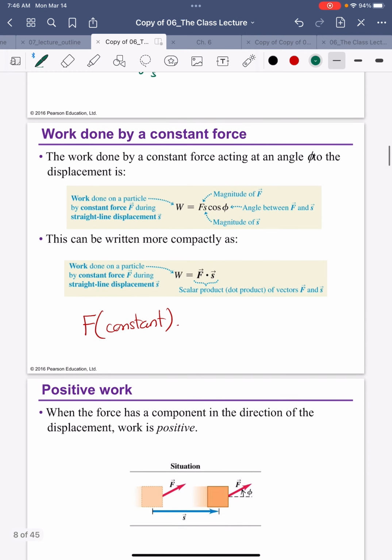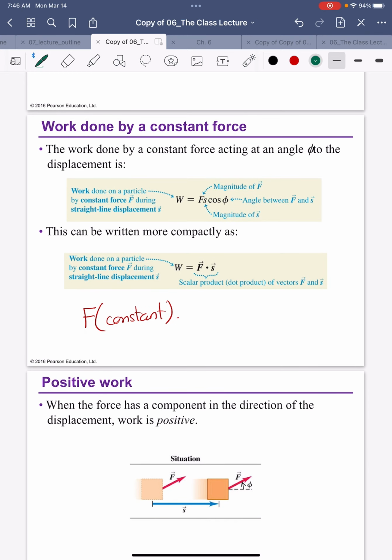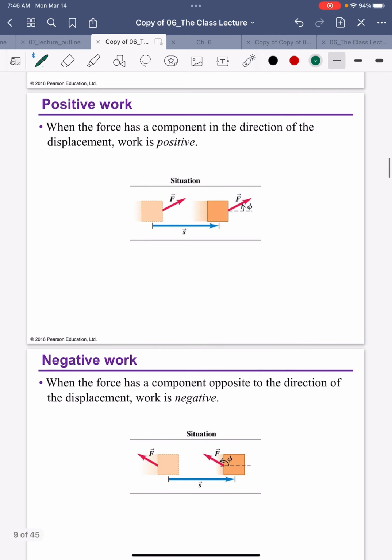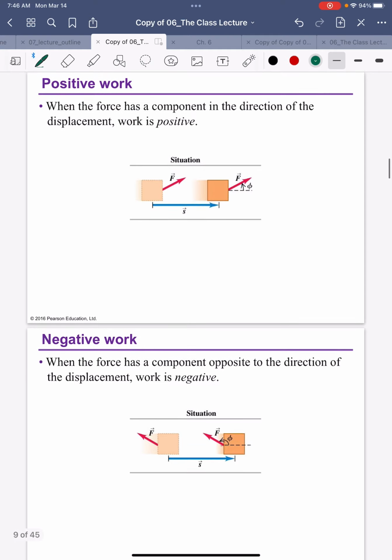What I have here is a summary of what I went over, talking about how the angle affects the magnitude of the work. If the force is making an angle less than 90, the work is positive. If there is a component of the force in the direction opposite to the motion, the work is negative, which means if the angle is more than 90, the work is negative.